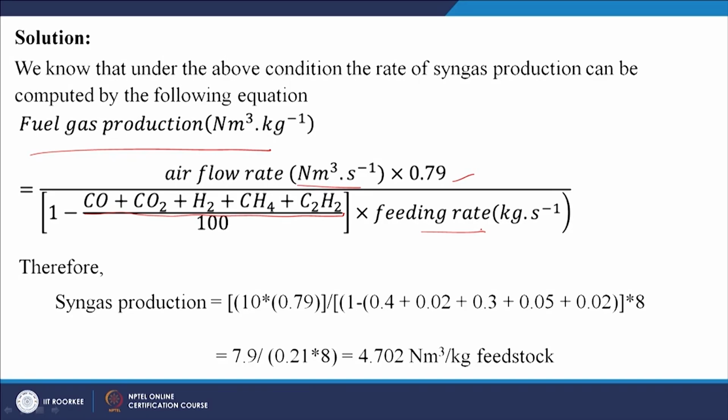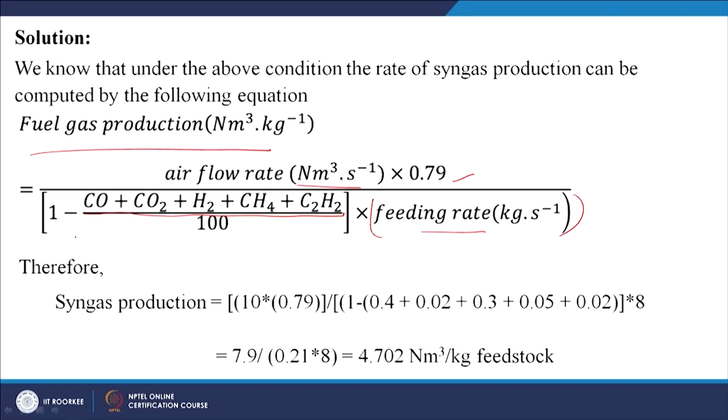The feeding rate of feedstock is the total amount we are using per unit time, and 1 minus this term gives us the nitrogen available in the flue gas.